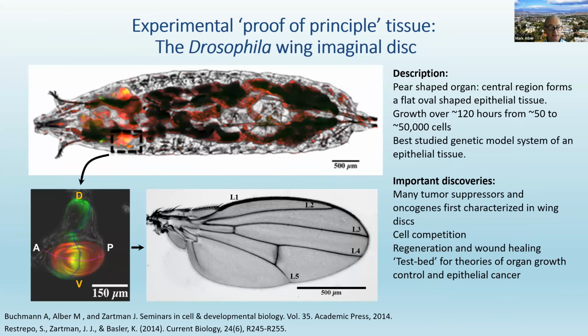All right, so this is a wing of Drosophila, a completely developed wing. It has a certain structure, and this is where the wing is forming. It's called the pouch region.